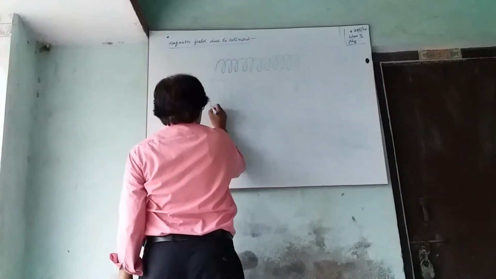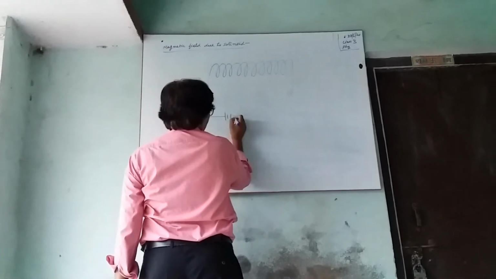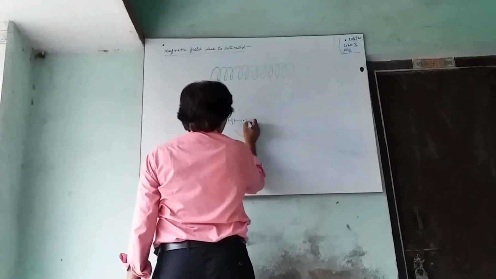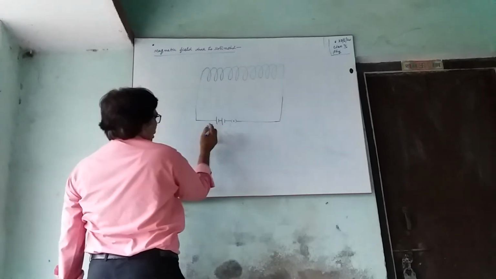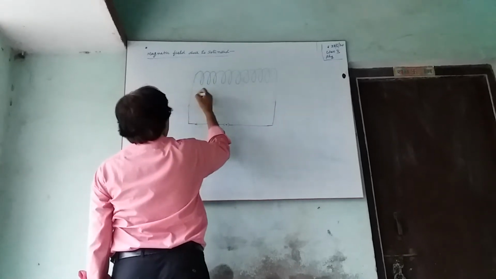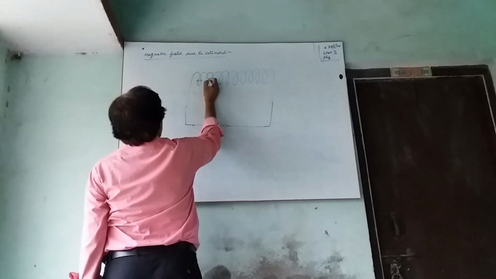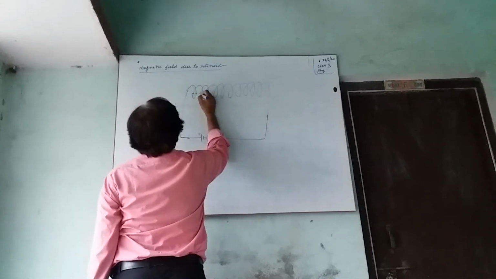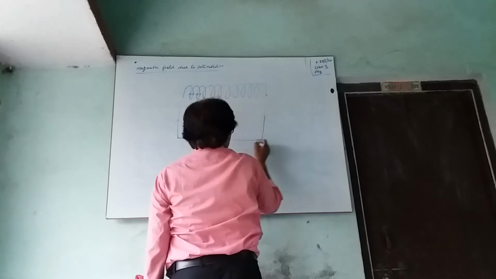When current is passed through a solenoid, this is the positive terminal and this is the negative, and current will pass through this, and so on.